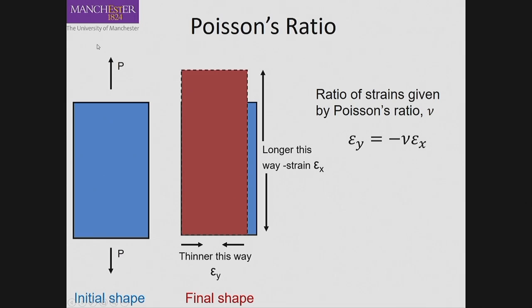If epsilon x, which is this vertical direction, was compressive, then epsilon y would be tensile. Now, most of the materials behave in that way, but in fact, all the materials would behave in that way. But this experiment, this project, one of the undergraduate students did a couple of years back. I put her thesis on that.